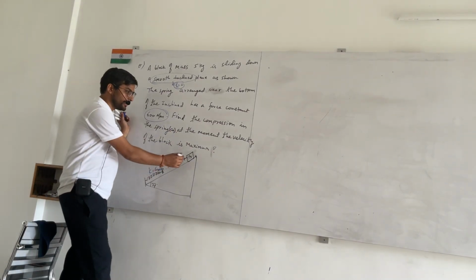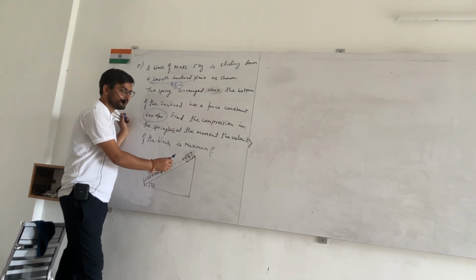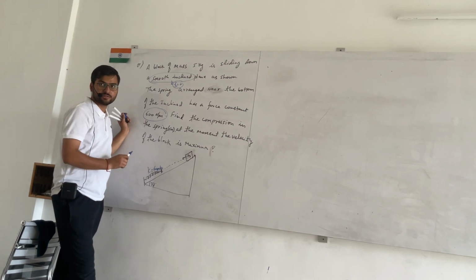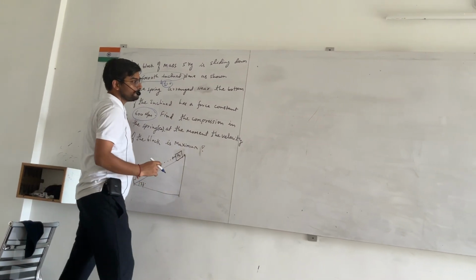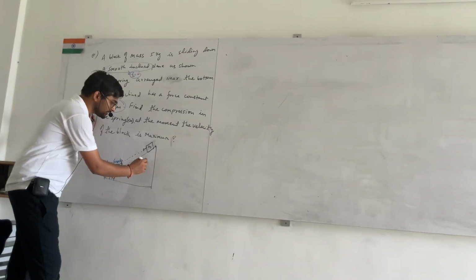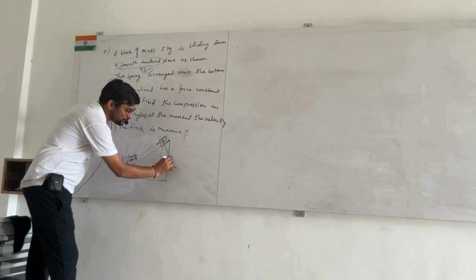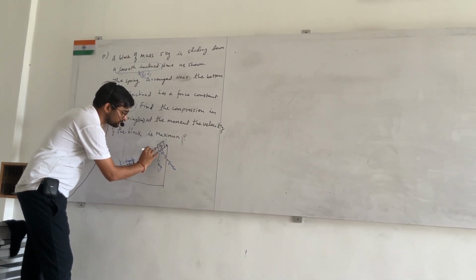So when the block is coming downward, at that time the velocity is maximum, and the first time the block strikes the spring, that is the maximum velocity of the block. Is this okay or not? Fine. So if we talk about the components, there is mg downward, this is mg cos theta, this is the theta, and this is mg sin theta.